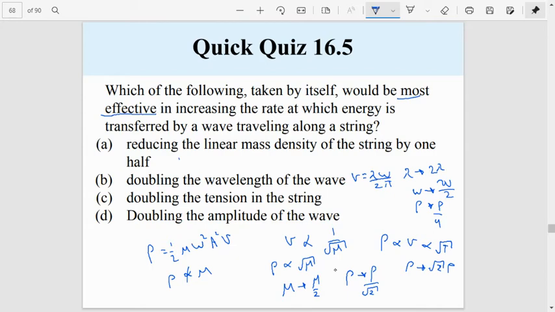So far that's the biggest increase, but then D suggests doubling the amplitude of the wave. You see from the formula that the power is proportional to the square of the amplitude. So if the amplitude increases by a factor of 2, power increases by a factor of 4. So far this is the biggest increase from all the options, so we pick option D.